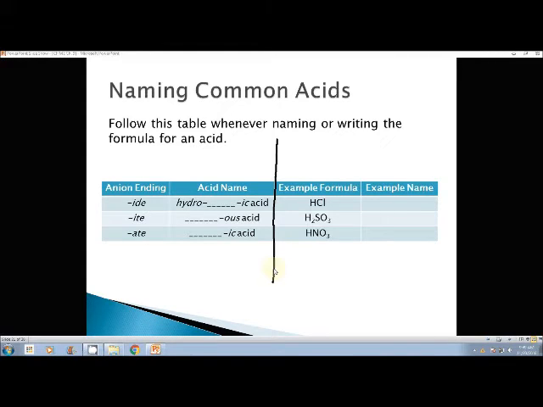So the first line is about if the anion is from the periodic table or if it's cyanide from our polyatomic ion list, because cyanide ends in ide. Okay? And then the bottom two lines are from the polyatomic ion sheet.